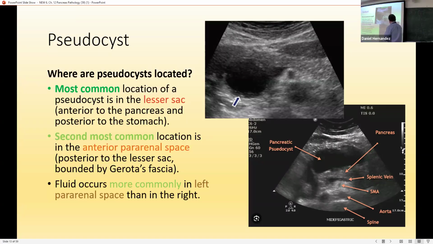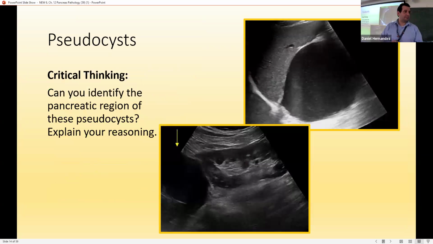This is transpancreas, a large pseudocyst anterior to the head and neck of the pancreas, but posterior to the distal antrum of the stomach. This is a very large pseudocyst.